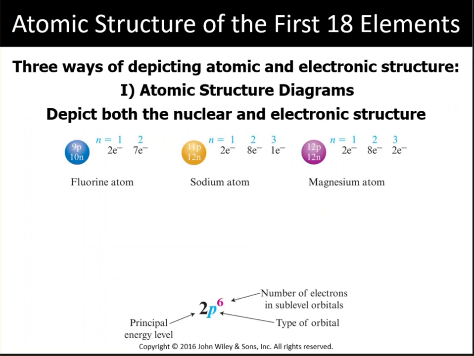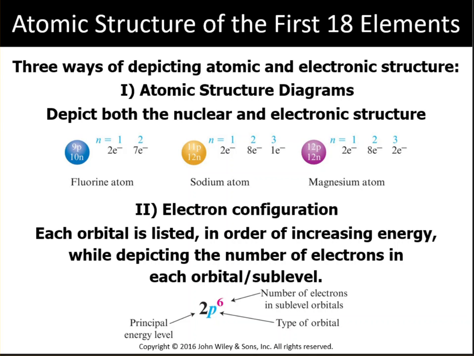Now there are different ways that we can show the electronic structure. Before we just wrote the number of electrons, protons, and neutrons, but now we want to focus on electron configuration. So we're going to use s and p to write the electron configuration.